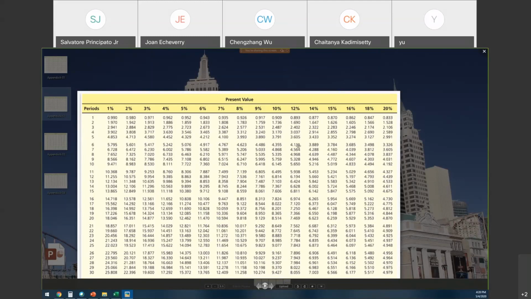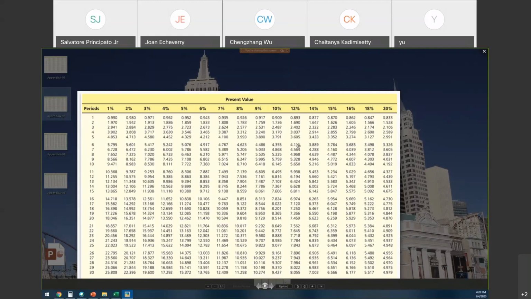If you need to know the precise figure, we can use a business calculator or Microsoft Excel to arrive at the exact figure.